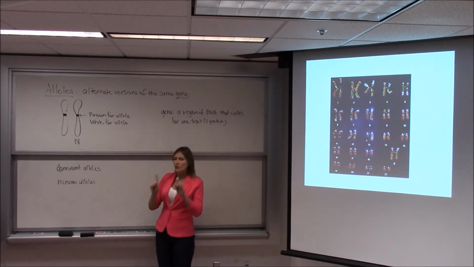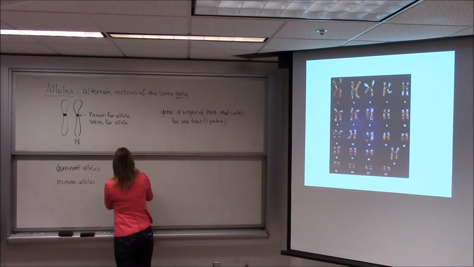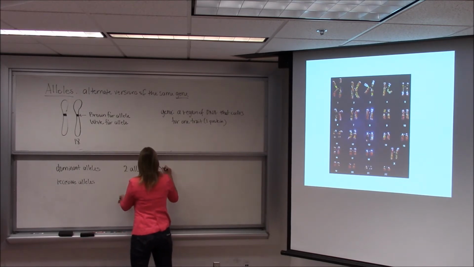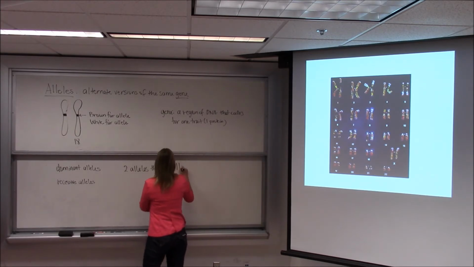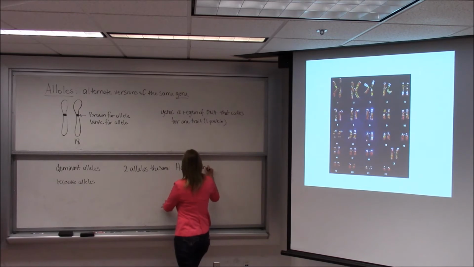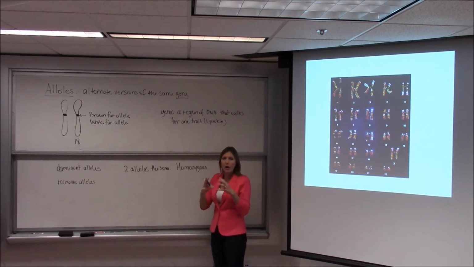So he either has two alleles that are the same, or he has one of each. If you have two alleles the same on your two chromosomes, you're called homozygous for that trait. This term zygous goes back to that original cell that divided to make all of your cells, which was called a zygote.